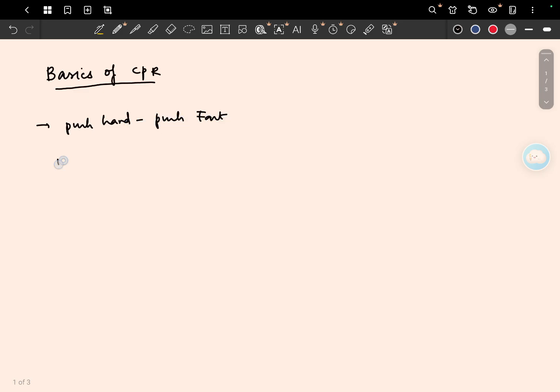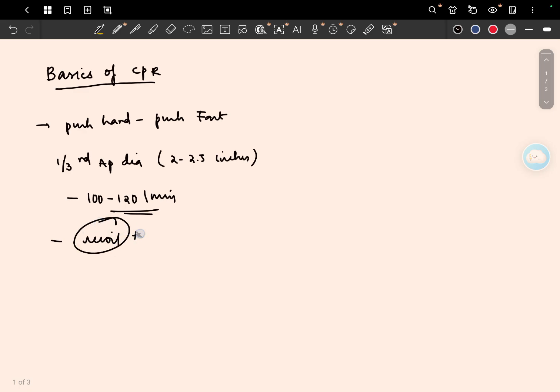Depth has to be 1/3 of AP diameter, which is approximately 2 to 2.5 inches, and the speed has to be 100 to 120 per minute. Then allow for chest recoil, which is a very important point.